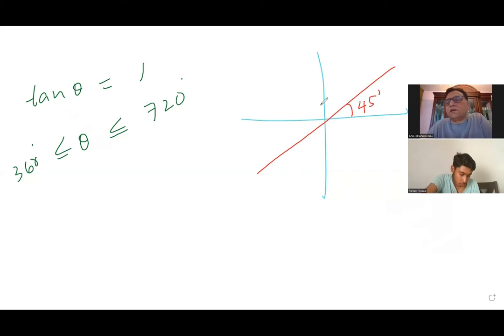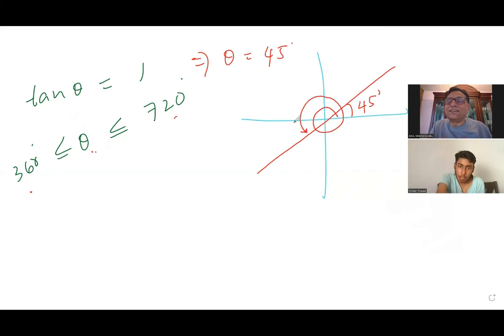We know tan of 45 is 1, correct? Yes, sir. But we want to give the answer when theta is between 360 and 720. How are you going to get the answer? By adding one full circle, 360, and then coming. Do you see that?